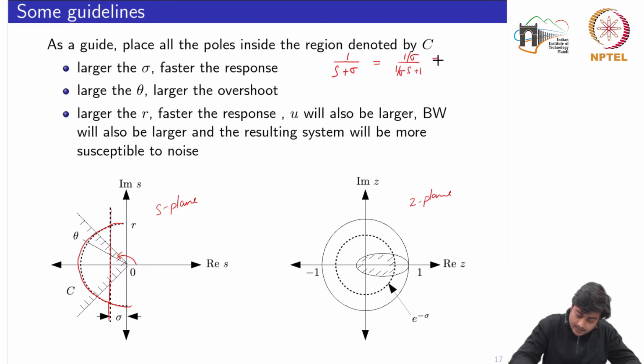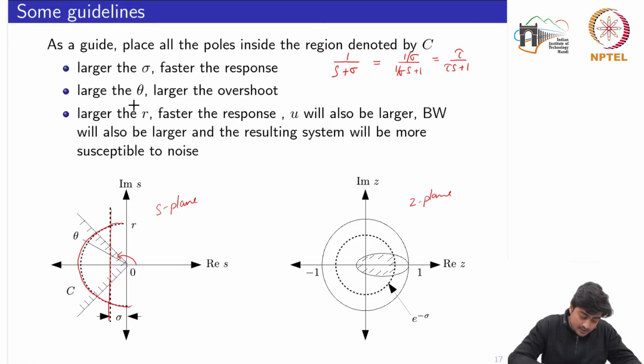Replacing 1 by sigma by tau, I can write this as tau by tau s plus 1, where tau is the time constant. So if we have a larger sigma, the value of the time constant tau would be smaller, meaning to say the response would automatically be faster.